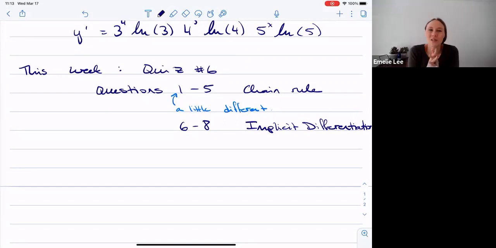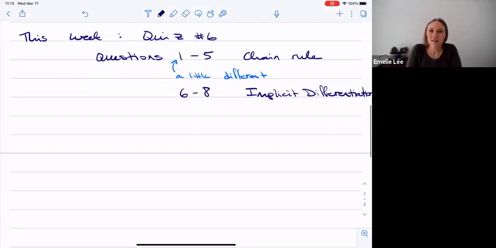But once you get the idea of implicit differentiation, it's not that bad. We have all the tools, but it's a little bit different. Okay, so I guess nothing to it but to do it.